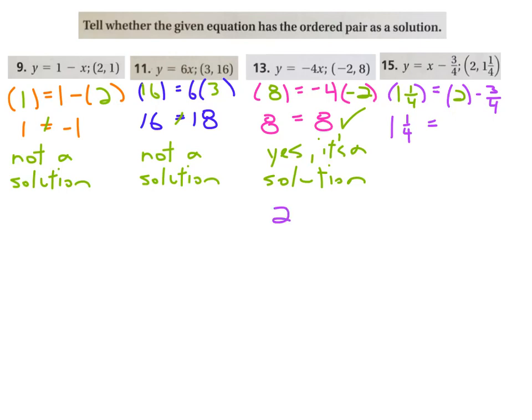Okay, if we wanted 2 minus, and I'm going to put 3/4 over here to put it in like a fraction column. Then what we have is a number that we need to borrow from. We need to borrow from the 2 because check it out. Do we have any fourths here?